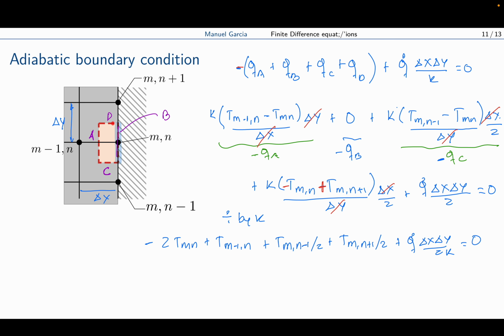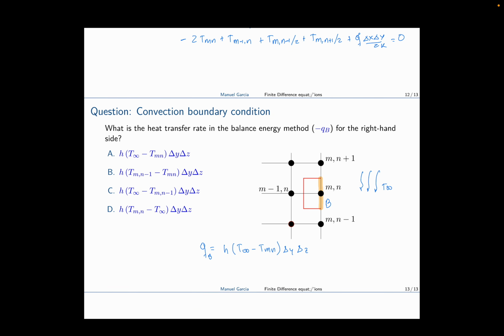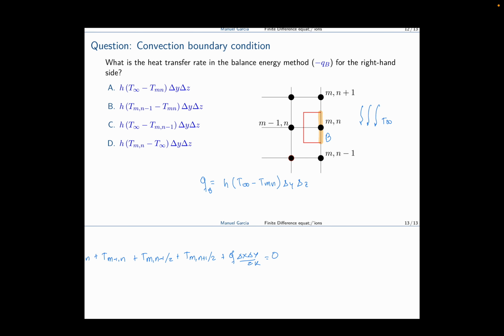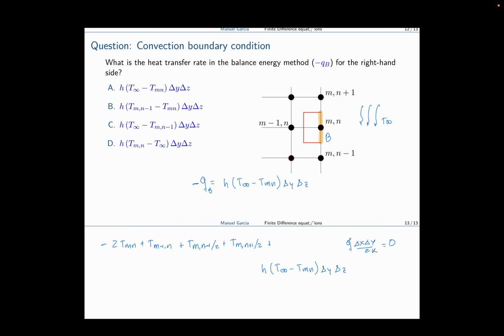So I'm going to copy this equation and add the heat flux at B, the term for QB. One thing I forgot: this is negative, because with the convection that should be negative. So I'm going to add this term there.